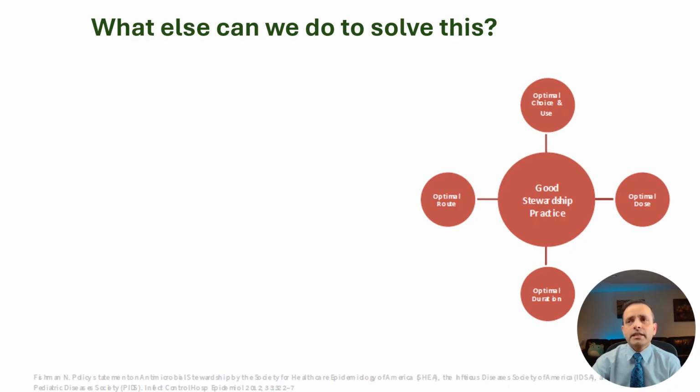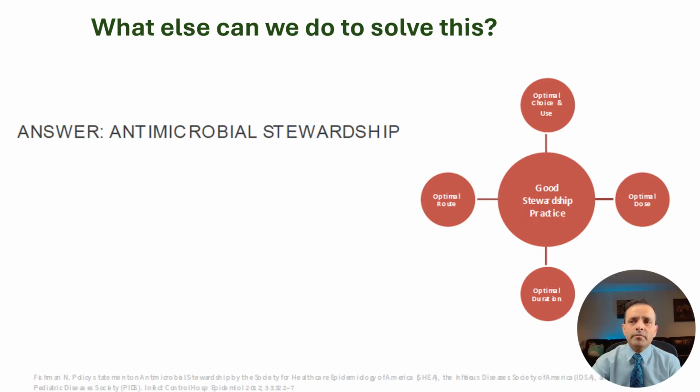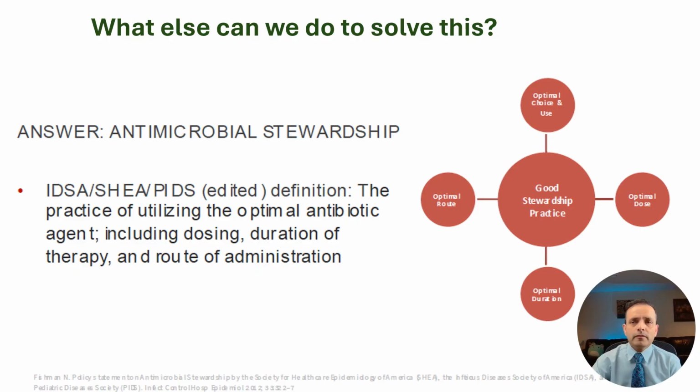So what else can we do to solve this? The answer is antimicrobial stewardship, which is the practice of utilizing the optimal antibiotic, including dosing, appropriate duration, and route of administration.